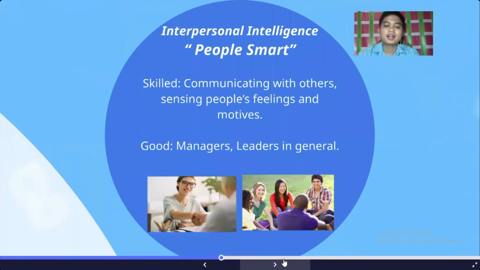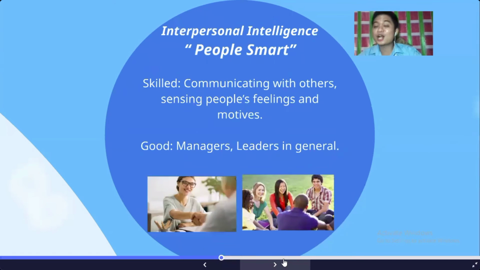The fifth one, the interpersonal intelligence, or the people smart. These people are good at understanding and interacting with other people. They communicate with others. They sense people's feelings and motives, desires and intentions of those around them.